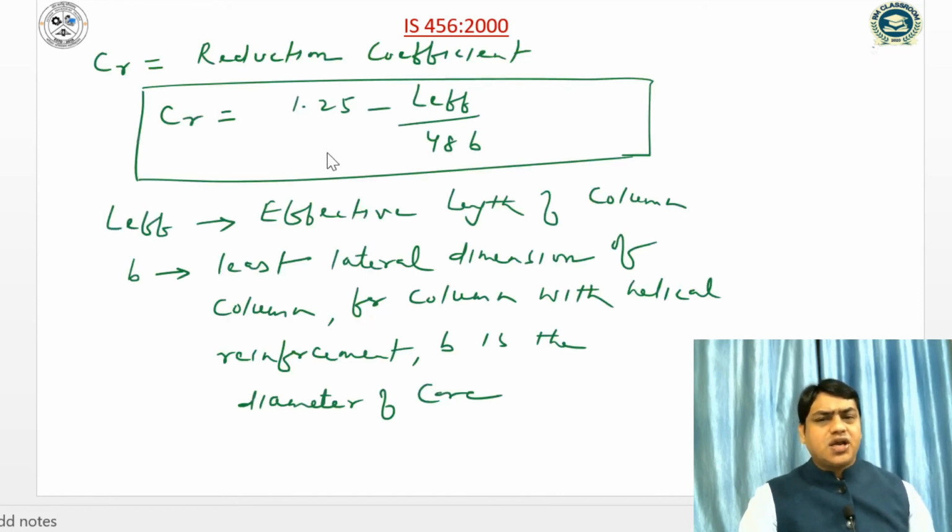This reduction coefficient is multiplied by the axial load carrying capacity when the column is long. Here B is the least lateral dimension of the column. For a column with helical reinforcement, B is the diameter of the core.